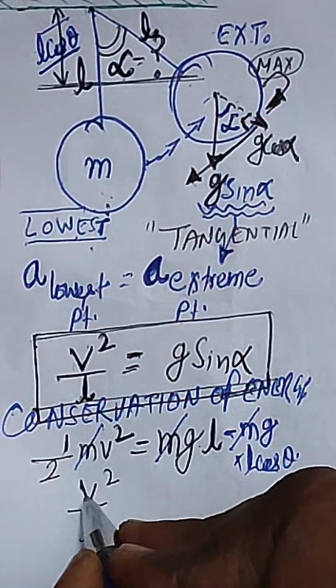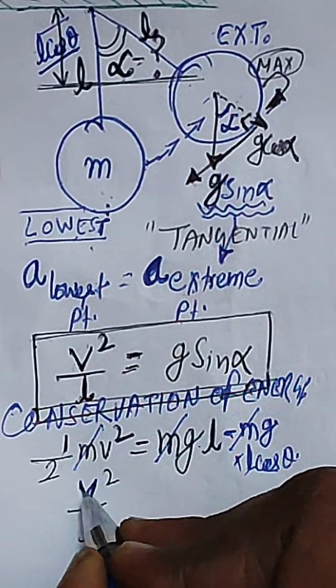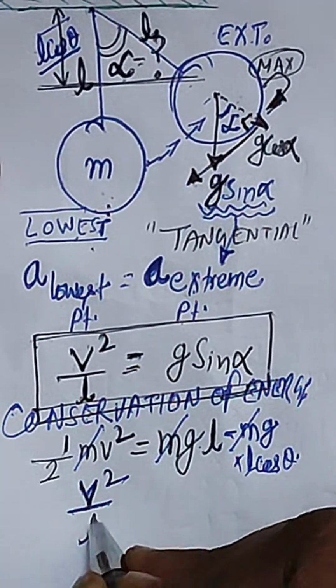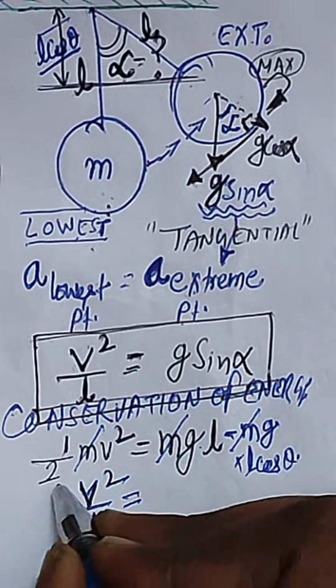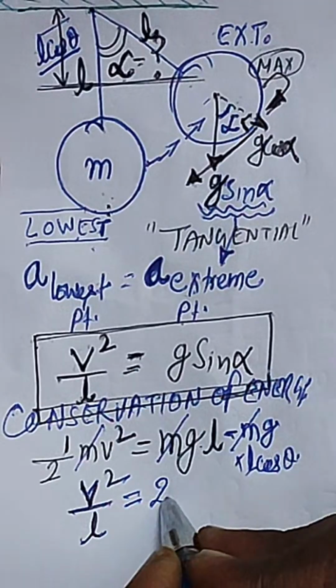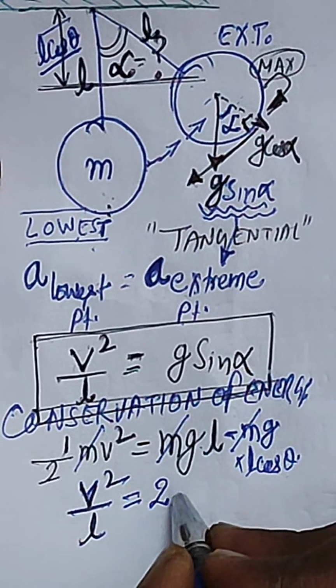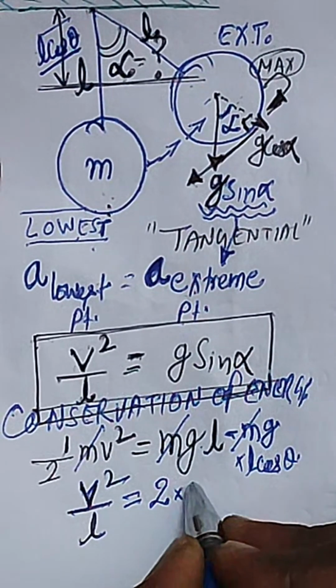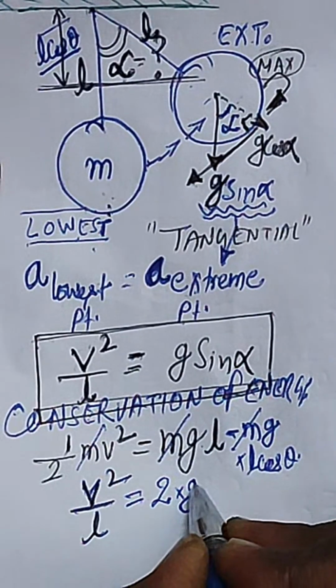Let me write with a different pen so that you can see it very easily. v square by L, and the 2 going into the RHS will become 2 into g, right?